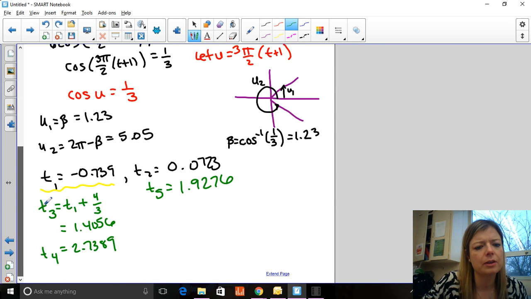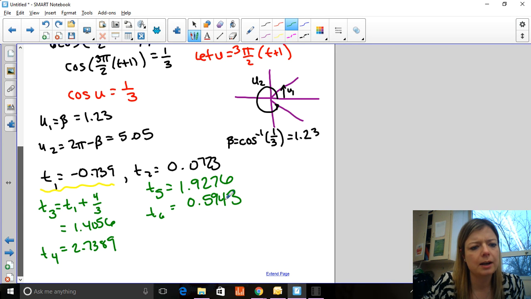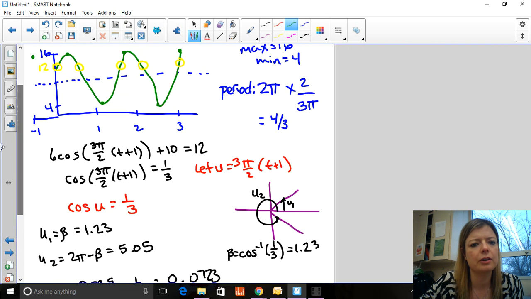Okay, I think that's actually from this addition over here. I think I might have switched these up. Okay, so basically you just take your first two t values, and you just keep adding 4/3 to each of them until you get past 3. Once you get any numbers that are past 3, they're not included.